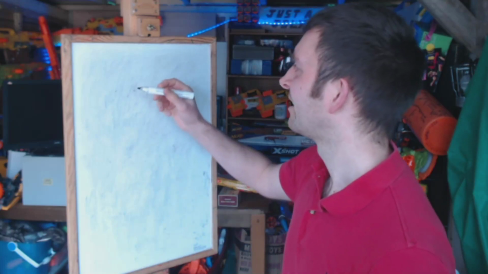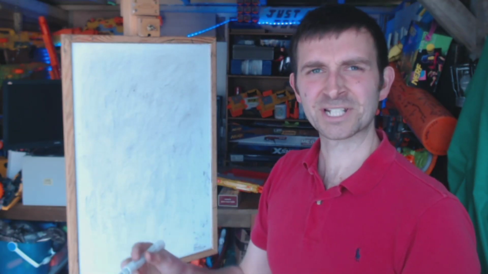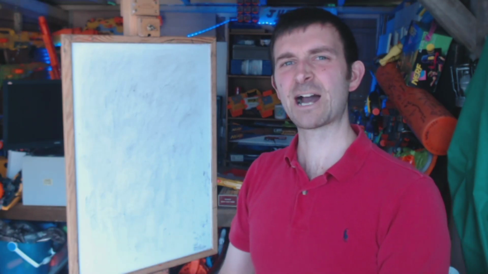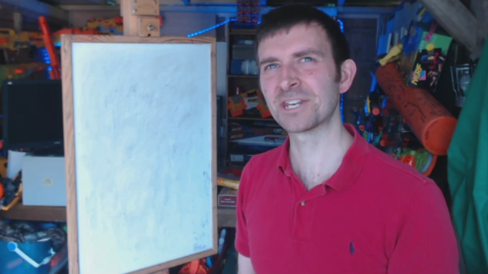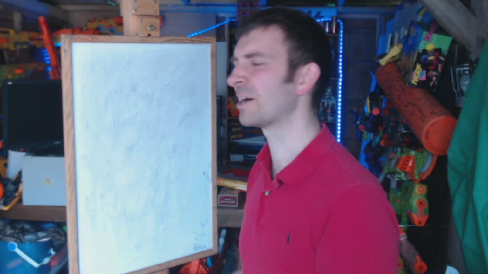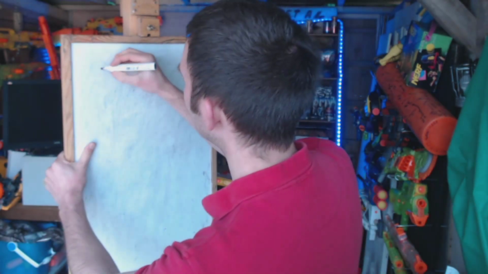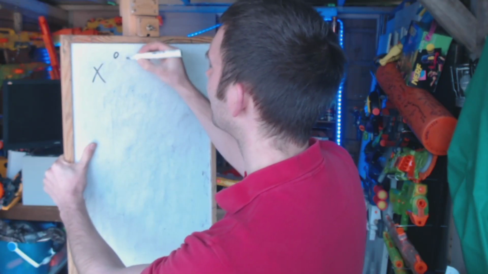But anyway, let's talk about an interesting situation where you're using a power of 0. What then? What if you multiply a number to the power of 0? What's all that about? Well, let's just have a little look, shall we? X to the power of 0.